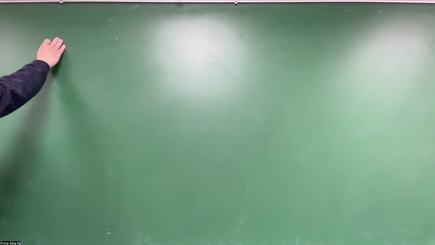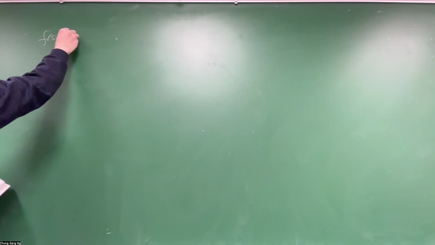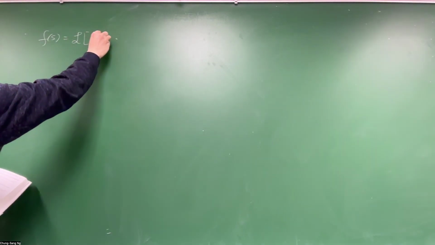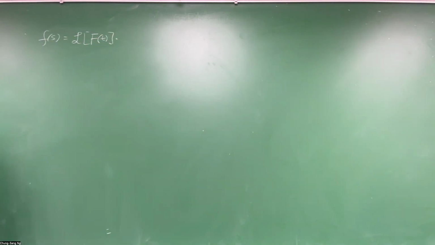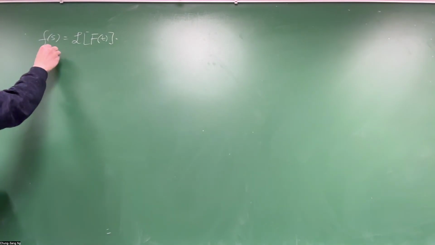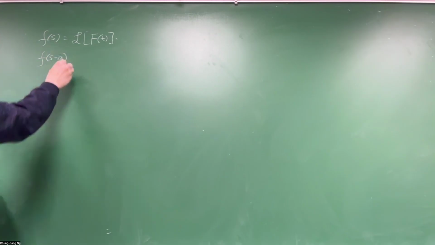So again, write down the definition: F of s is the Laplace transform of f. Now you just shift it, a translation of the transform variable to s minus a, as in the textbook.